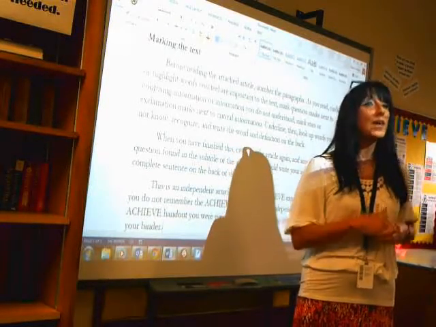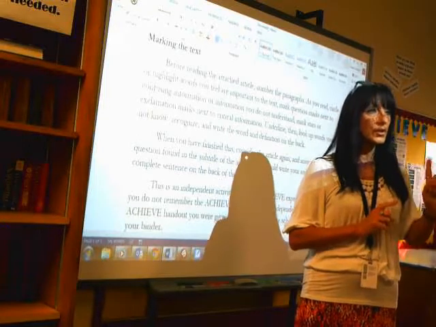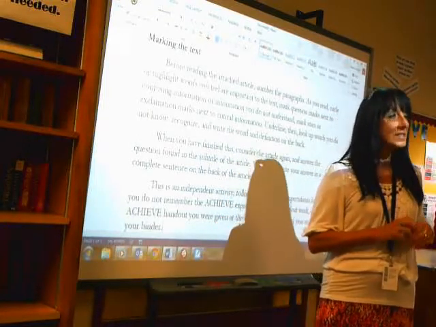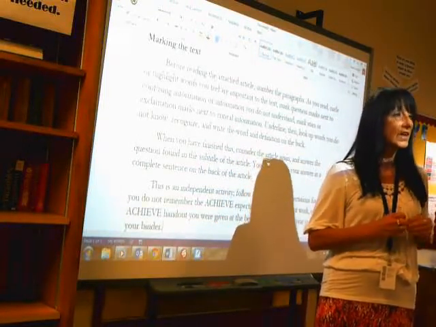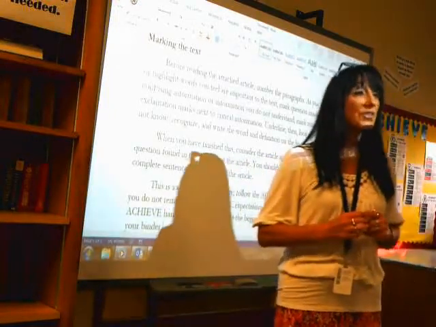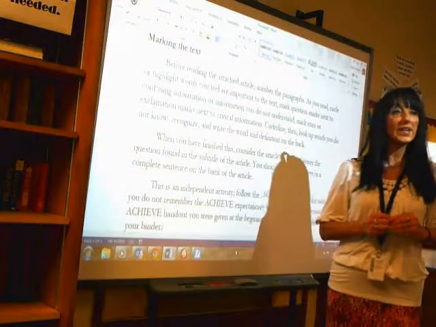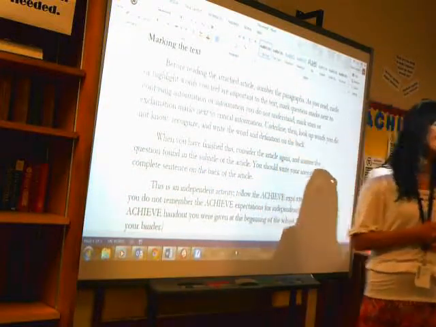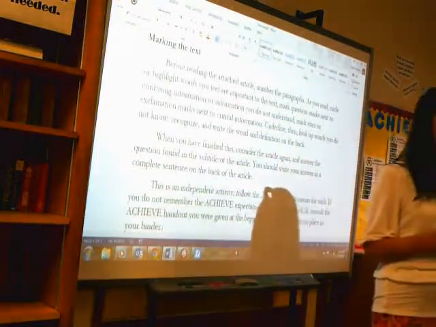Okay? What is, this is rhetorical, don't say it out loud, what is the subtitle? When you find it, if you have a highlighter, highlight it. If you do not, underline it. Highlight if you have a highlighter, or underline if you do not, the subtitle of this article.